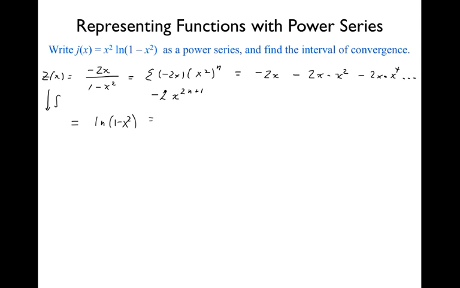So I'm going to rewrite this as negative 2 times x to the 2n plus 1, right? Now I'm going to do the antiderivative of x to the 2n plus 1. Still going to have the negative 2.